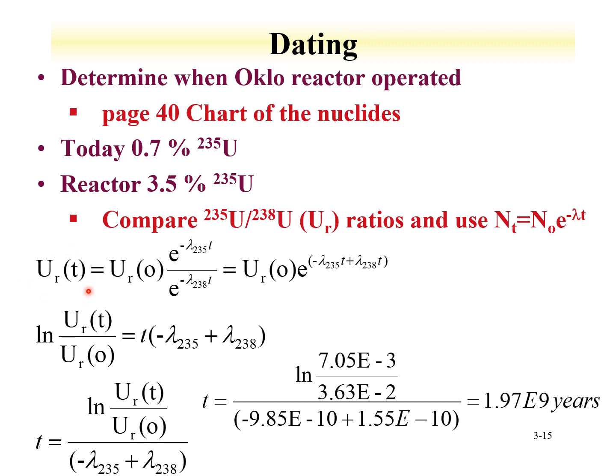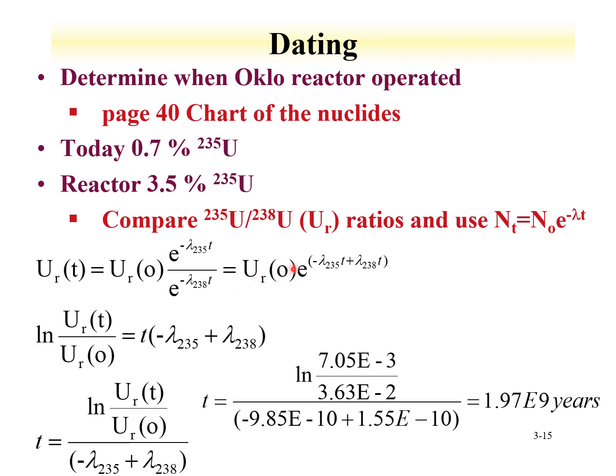The time is the same. Let's rearrange this equation so that the amount at time 0 is just equal to e to the minus lambda 235 times t plus lambda 238 times t. So now we have everything we need to solve this equation.